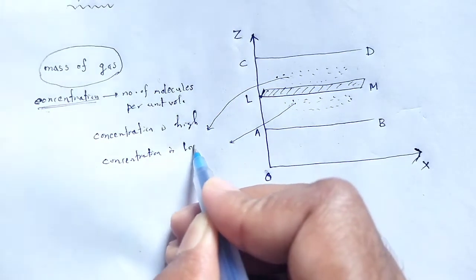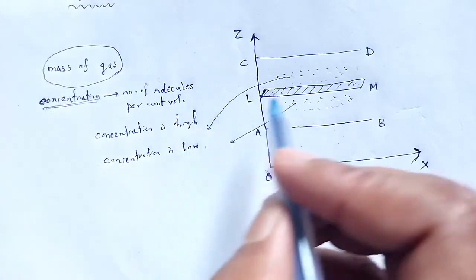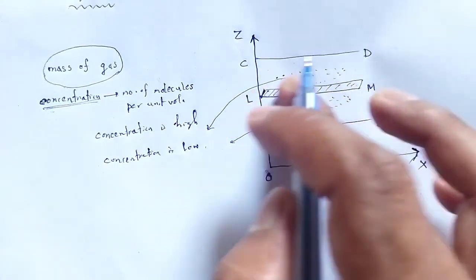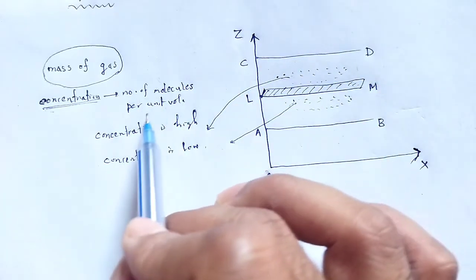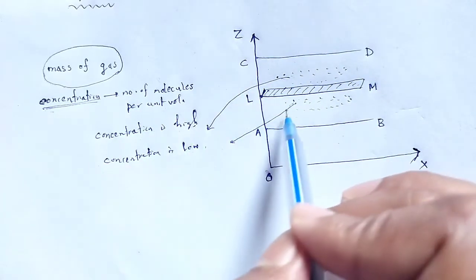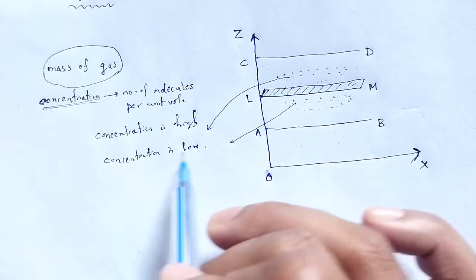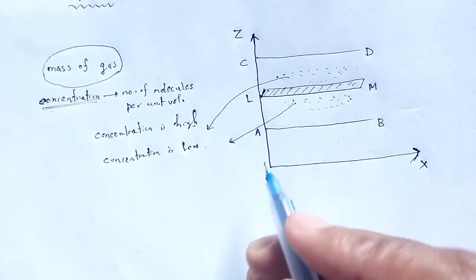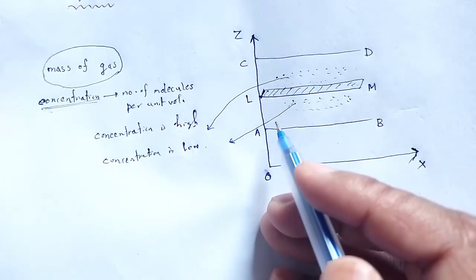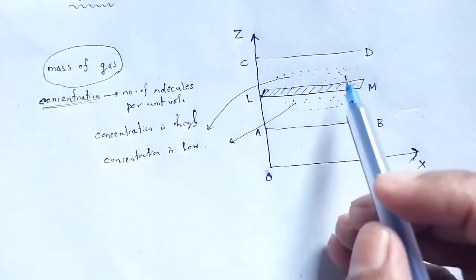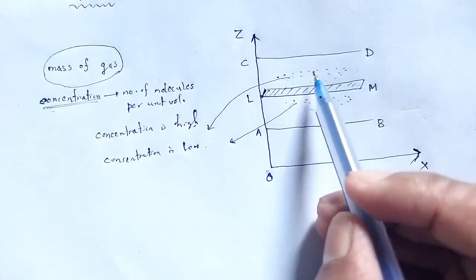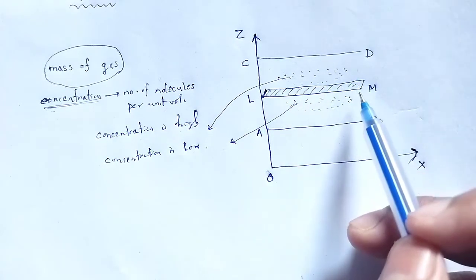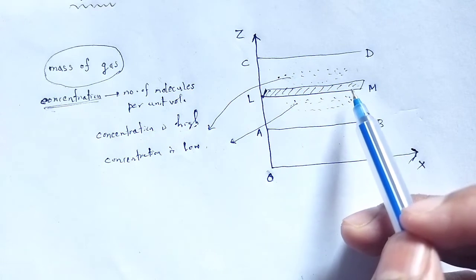In the upper region of the LM plane, the number of molecules per unit volume is high, and below the LM plane the concentration is low. So there will be a difference of concentration between the upper and lower regions of plane LM.